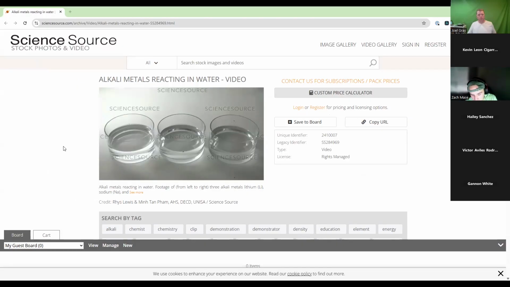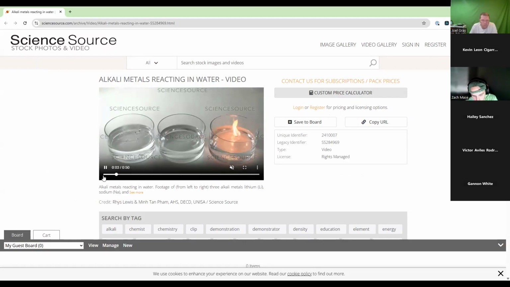So here we've dropped lithium, sodium into water, and in just a second, so that is how they react very violently. And that violent reaction is basically just them losing electrons. So lithium, for example, will lose an electron and it will catch fire.